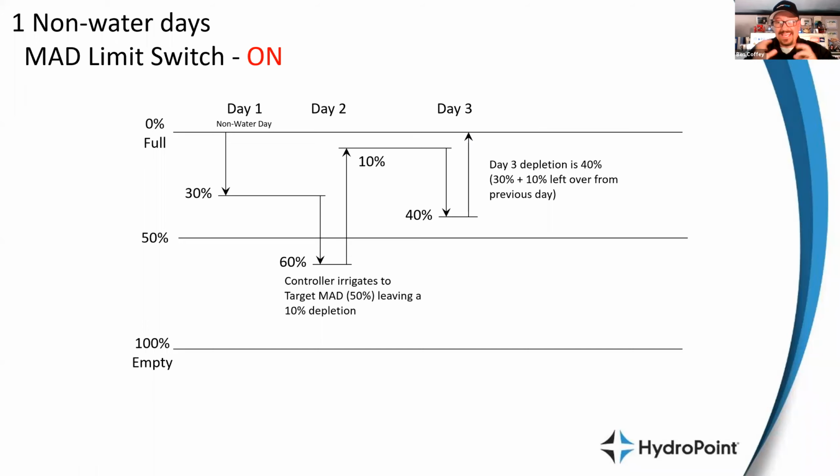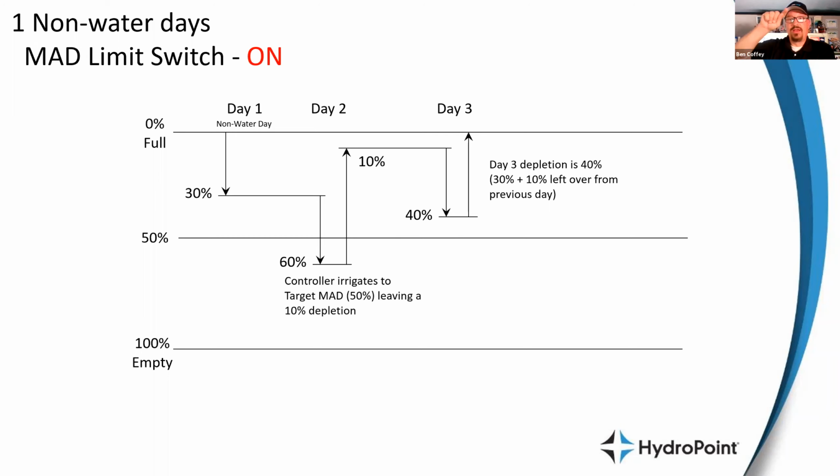This is different, and this is the key part of thinking you understand WeatherTrack and what target Mad Limit Switch does to schedules. This is where it bounces out of the box, because you're used to waiting until the station passes 50% to water. And when Mad Limit Switch is on, because it carried depletion over, at the next possible irrigation time, it's going to kick in and irrigate regardless of whether it's at that 50% mark or not.